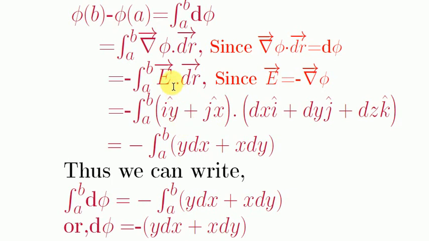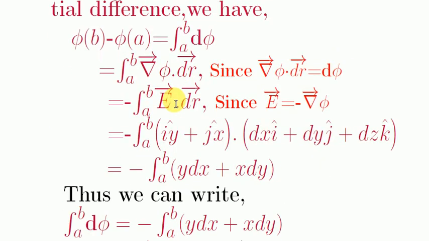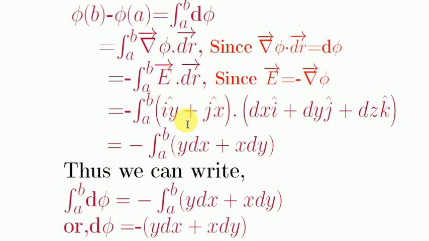Now by question E equal to i cap y plus j cap x, so we can use this in place of E, and dr is the position vector, and in place of dr we can write dx i cap plus dy j cap plus dz k cap.